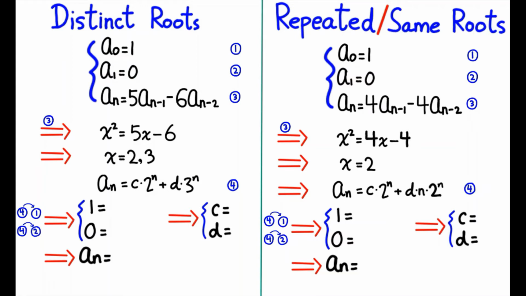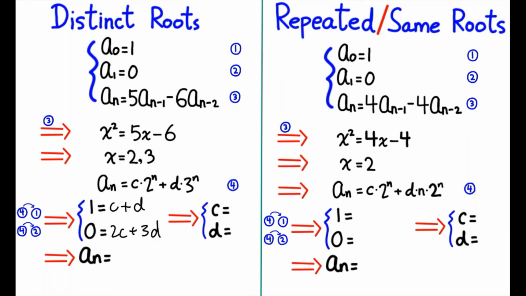So 1 is equal to c plus d, and 0 is equal to 2c plus 3d.